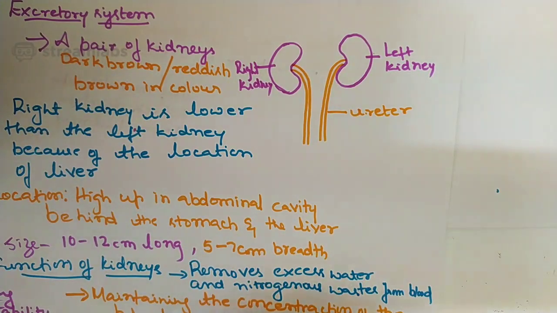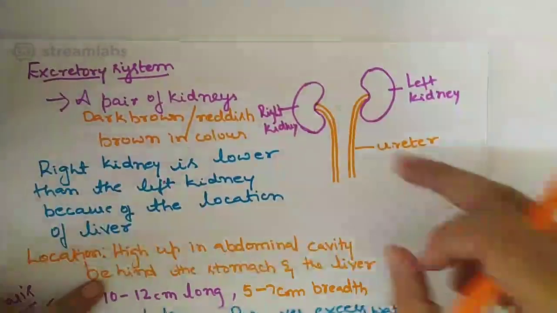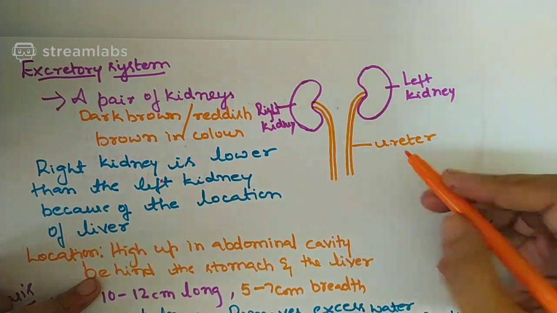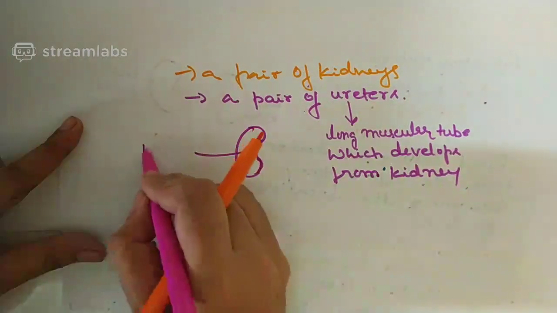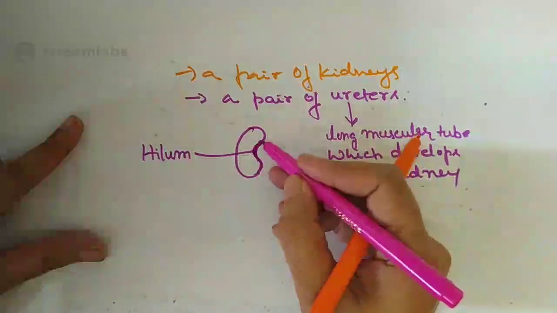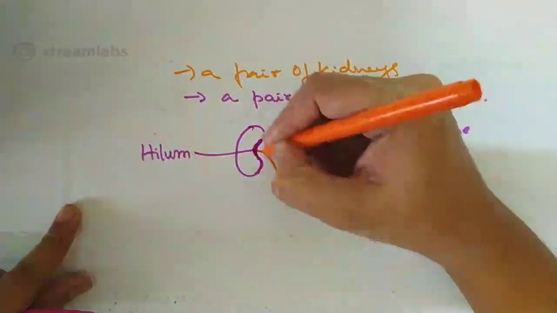It is a ureter. I have shown you it comes from this part of the kidney, right? This notch portion is called as hilum. From here comes a ureter.